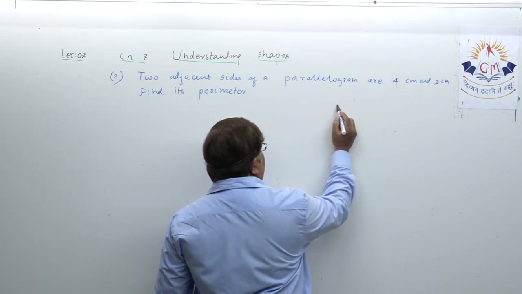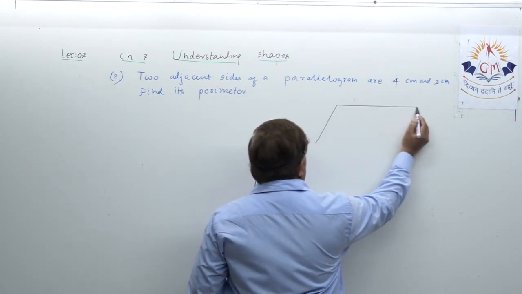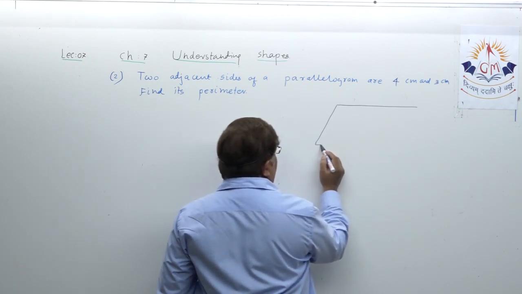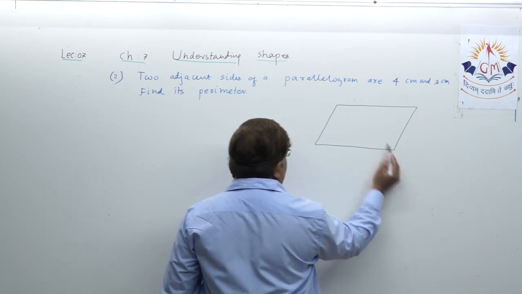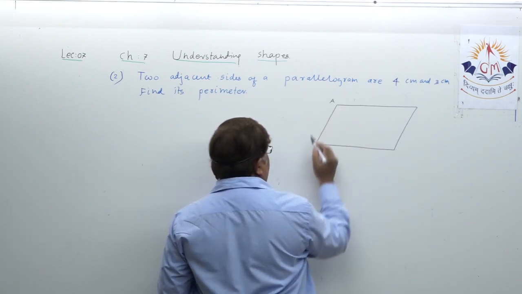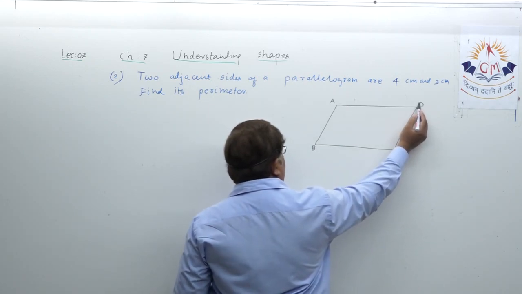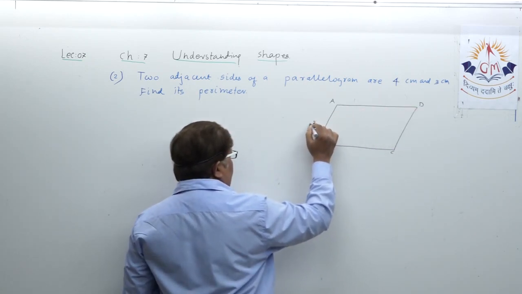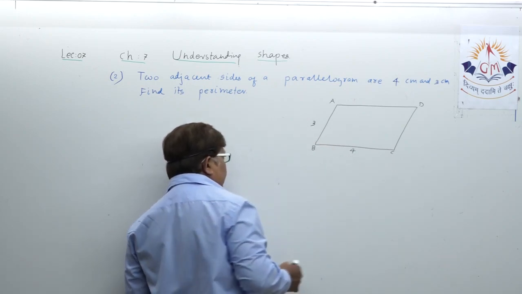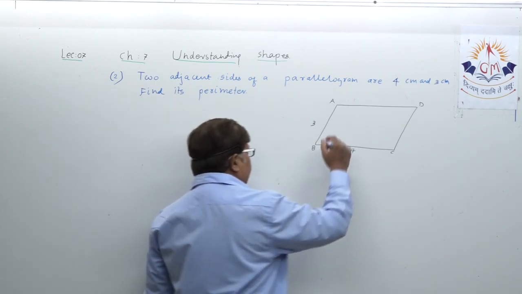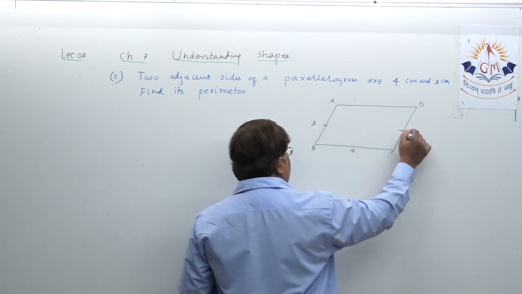Let us draw parallelogram ABCD. Two sides are given, 4 and 3, shorter side and longer side. As you all know very well, dear student, opposite sides are equal.